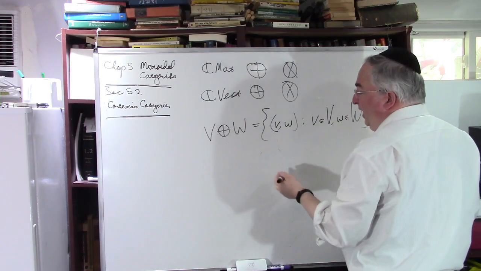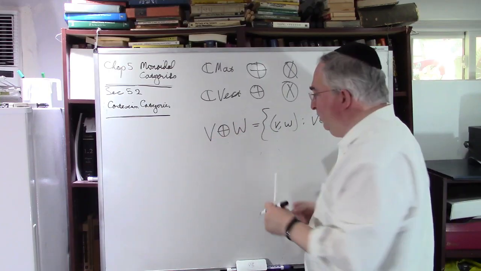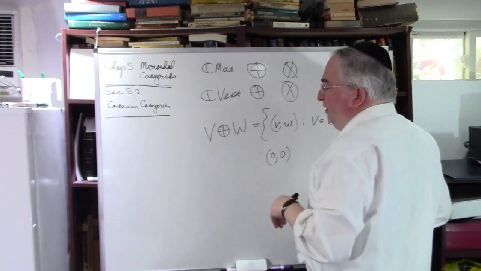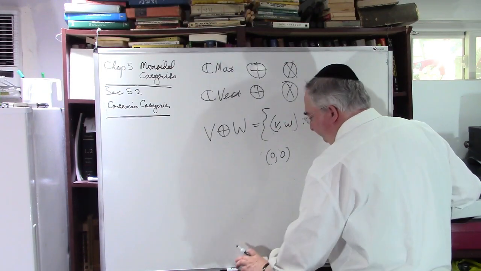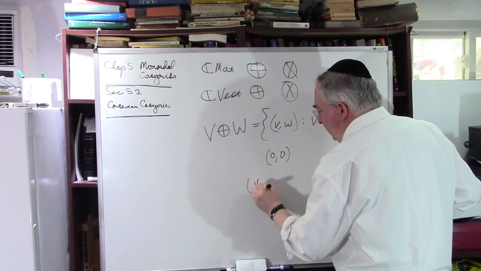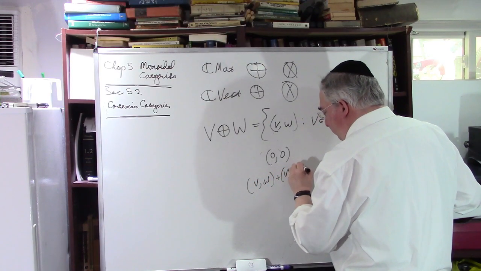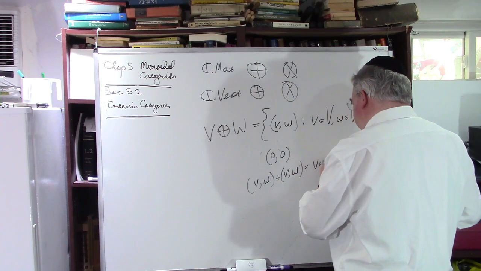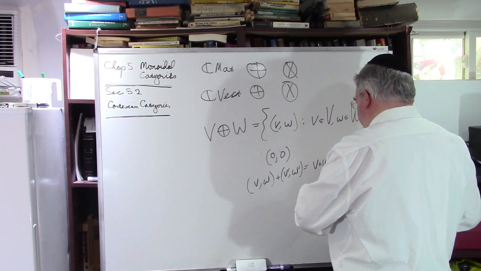And you add them the way you want. So let's go through this. These are vector spaces. It has a 0. What's the 0? 0 comma 0 is the 0. Okay? You can add them. Well, how do you add them? Very simple. v comma w plus v prime comma w prime equals v plus v prime comma w plus w prime.